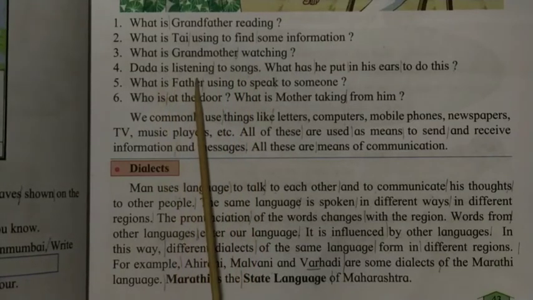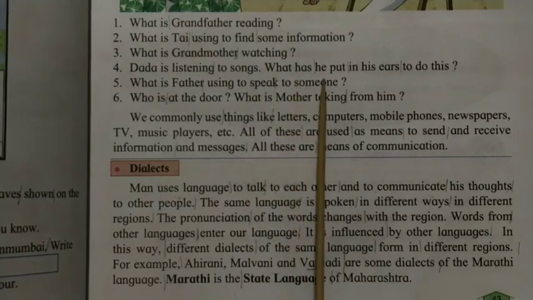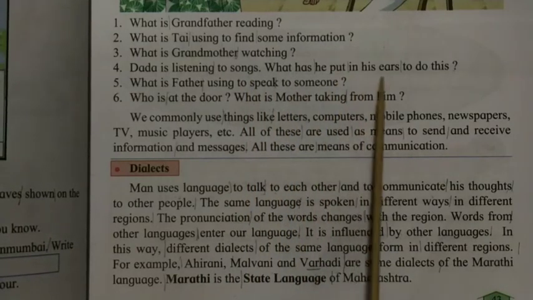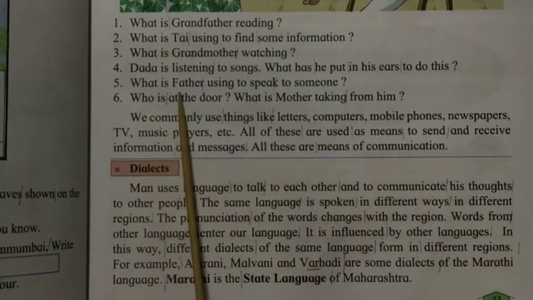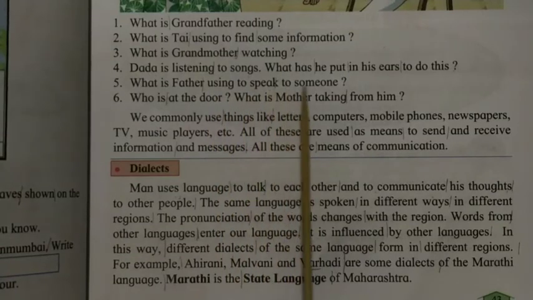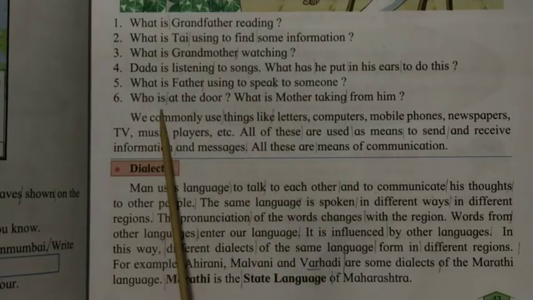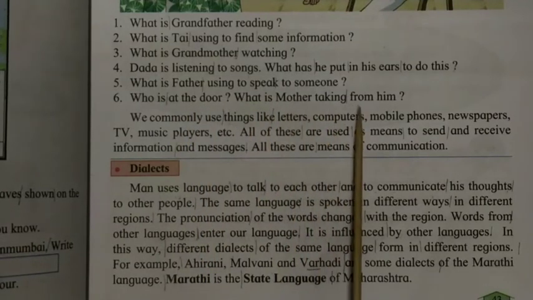Dada is listening to songs. What has he put in his ears to do this? What is father using to speak to someone? Who is at the door? What is mother taking from him?